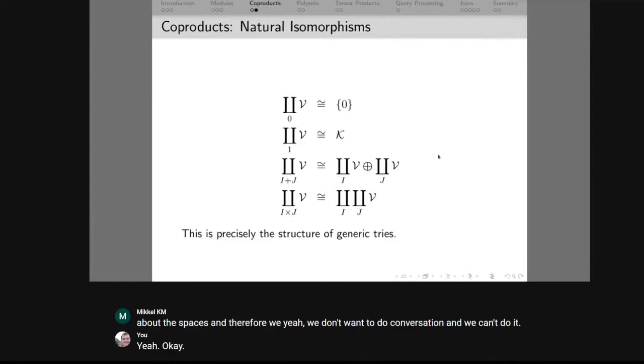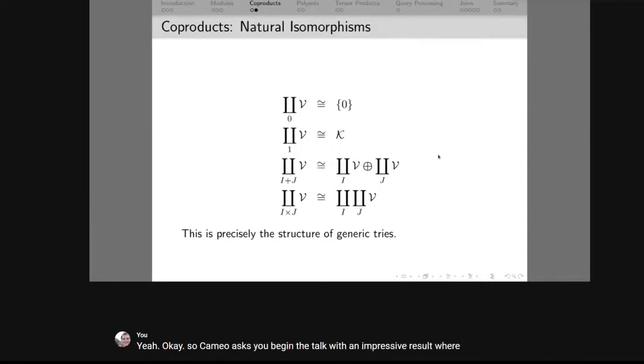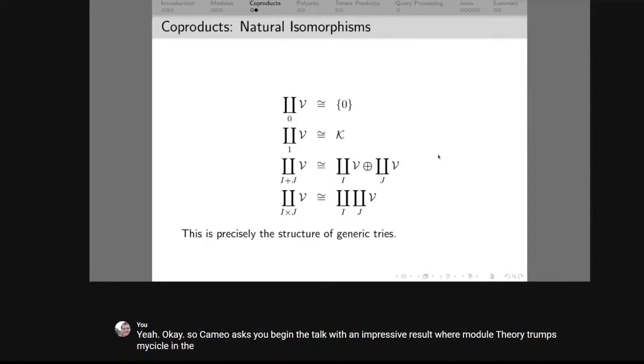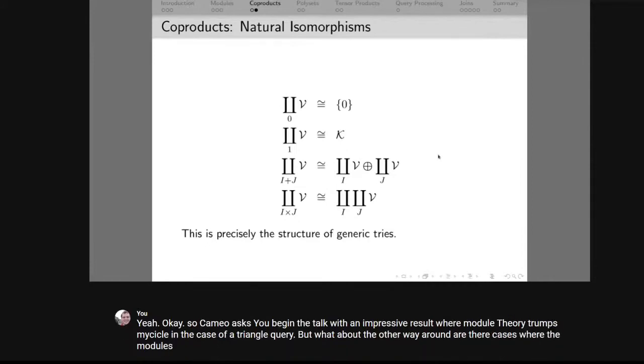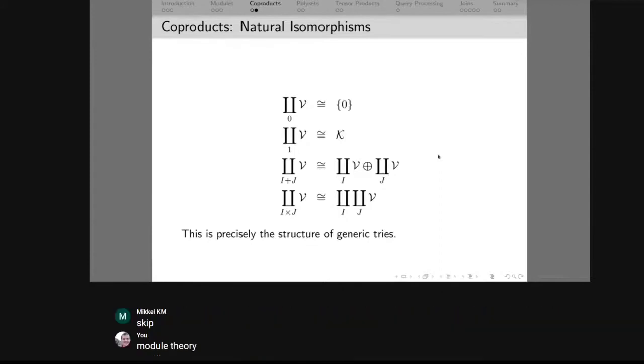So Kim Yo asks, you begin the talk with an impressive result where module theory trumps MySQL in the case of a triangle query. But what about the other way around? Are there cases where the module theory turns out worse than SQL? Or do you have some kind of result that the module theory always beats the relational algebra? Interesting.